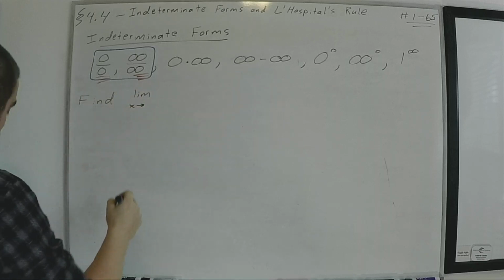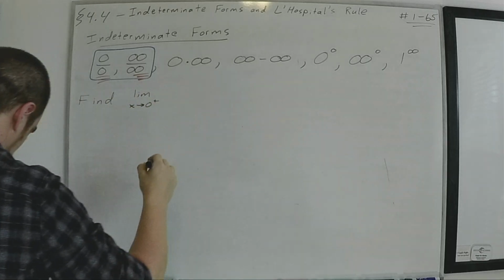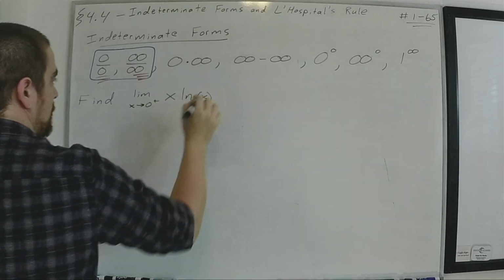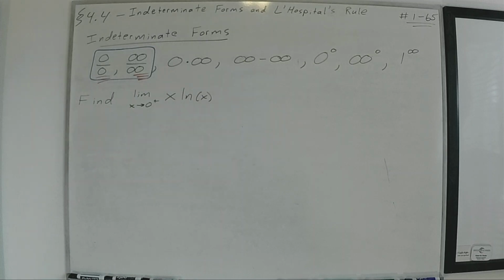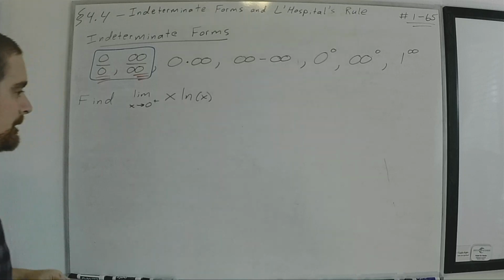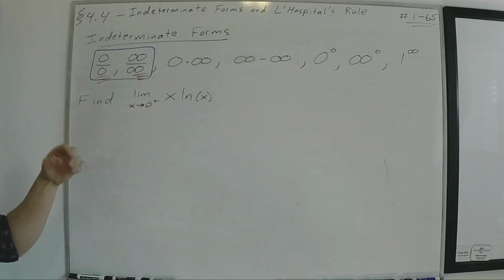Let's say we want to find the limit as x goes to 0 from the right of x times the natural log of x. As x goes to 0 from the right-hand side, from the left-hand side it's undefined because we're dealing with the log function here. So that's why they're doing the one-sided limit from the right.